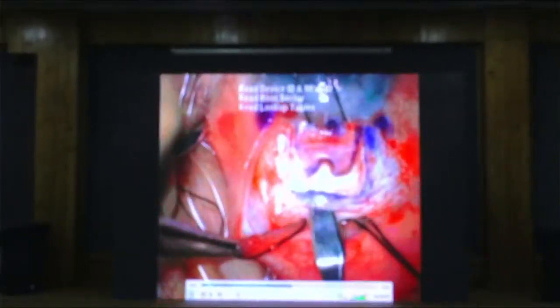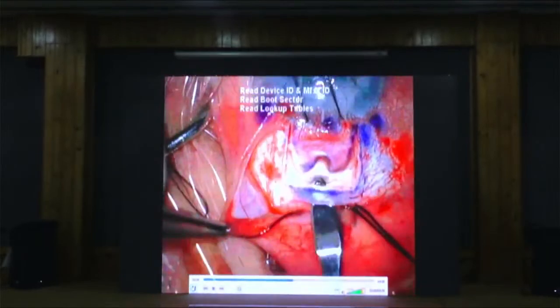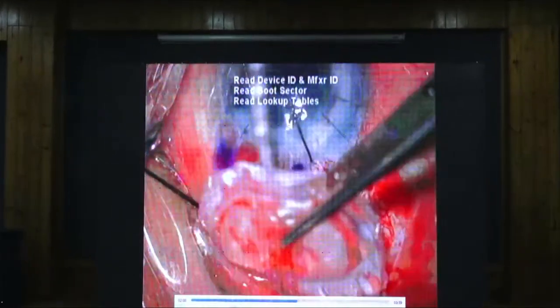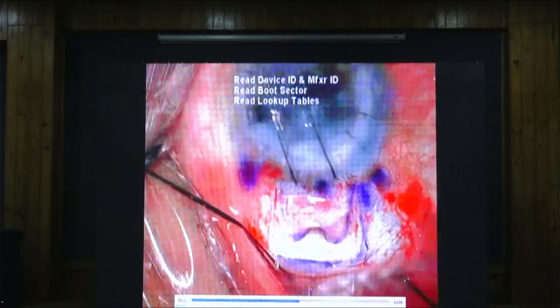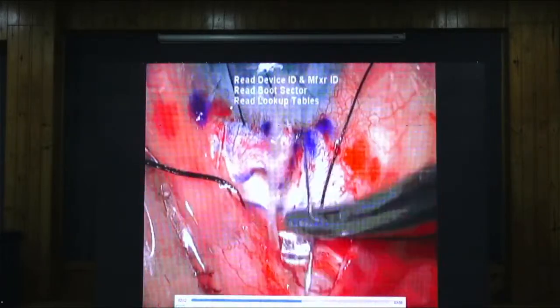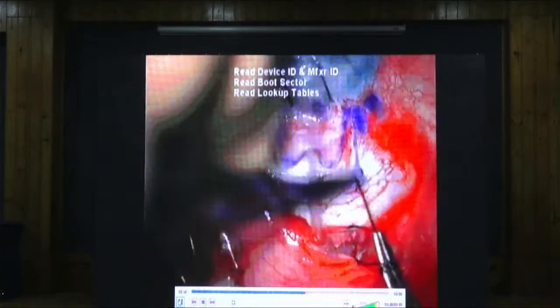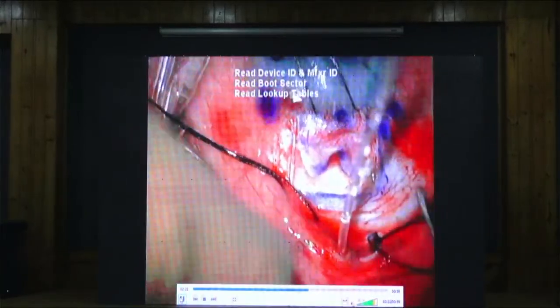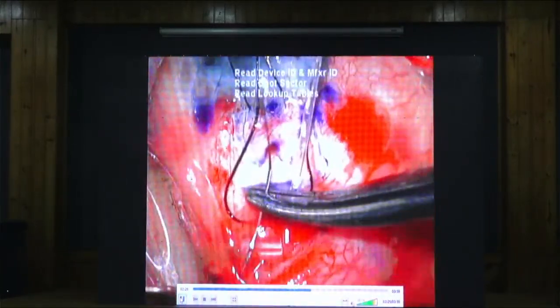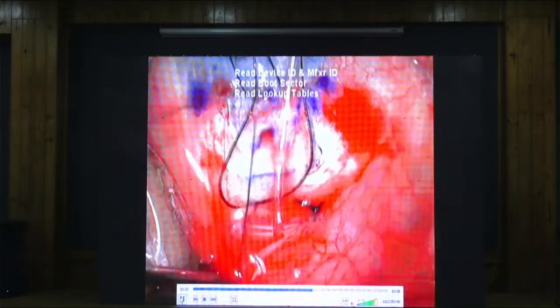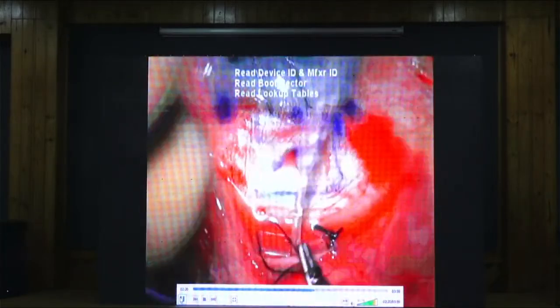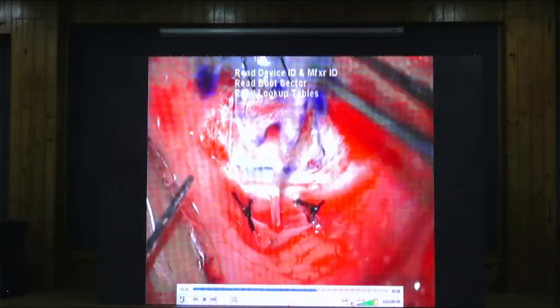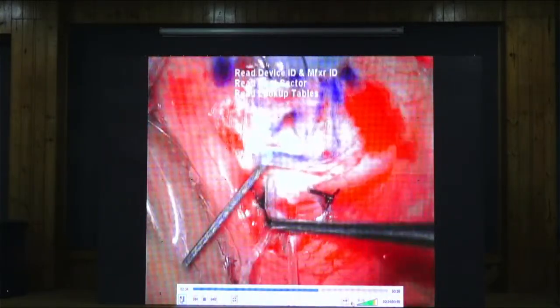I will pass the tube through it, so the tube is not exposed. This is a technique I am using to avoid use of donor sclera. Now I am putting the Ahmed valve there. I am fixing the Ahmed valve with 6-0 silk. Now I'm passing the tube under that scleral belt.